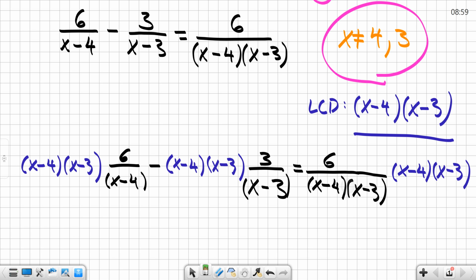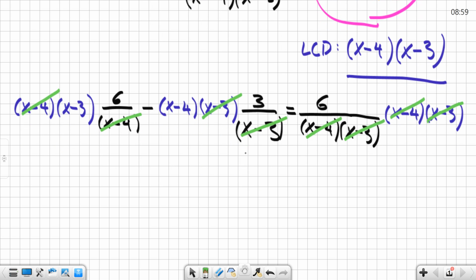What is happening now is that on the left side, the factor of x minus 4 is cancelling out in my first term. In my second term, the factor of x minus 3 is going to cancel out. And on the right side, this is the best of all, everything cancels out, and the only thing that I will be left with is positive 6.